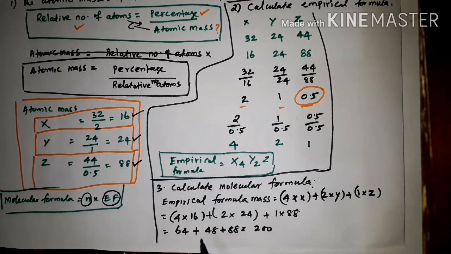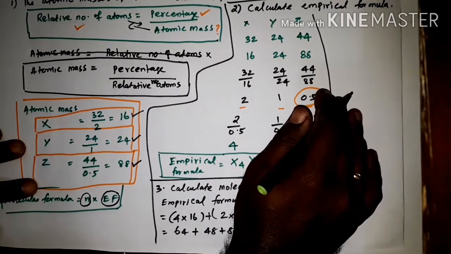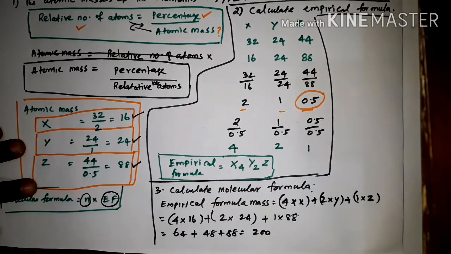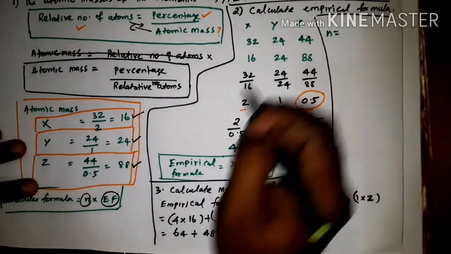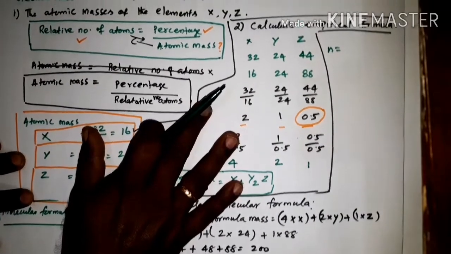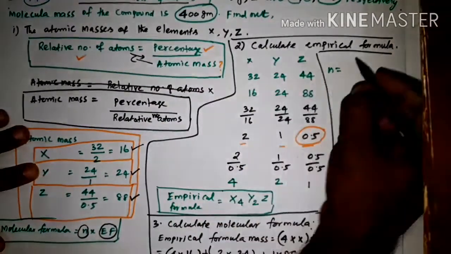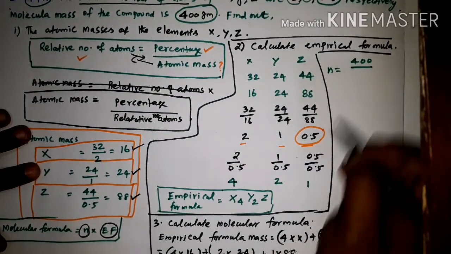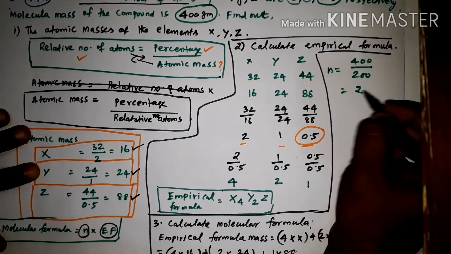Now the value of n equals, I am writing this side. So n equals, what is the molar mass given? That is 400. You can see in the question, 400 is the molar mass. So molar mass divided by the empirical formula mass, that is 200. n will be 2.